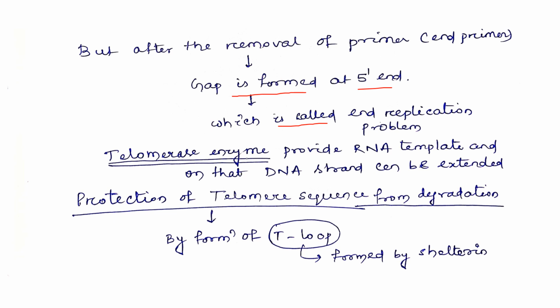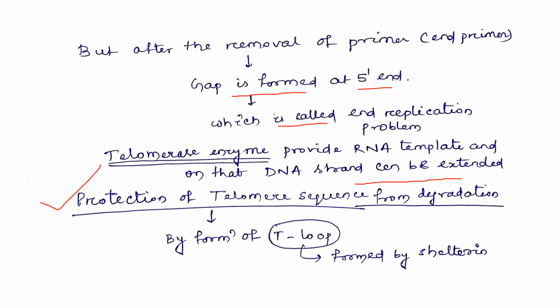So the telomerase enzyme provides an RNA template, and on that the DNA strand can be extended to avoid this end replication problem. So we have to protect that telomere sequence from degradation.